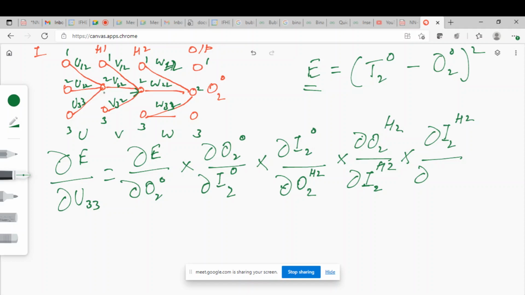It depends on this output. What is this output? No, I is input, right? It depends on output O2 H1. Yes, it depends on the output of the second neuron of layer 1. Okay, right? Now this output depends on what?